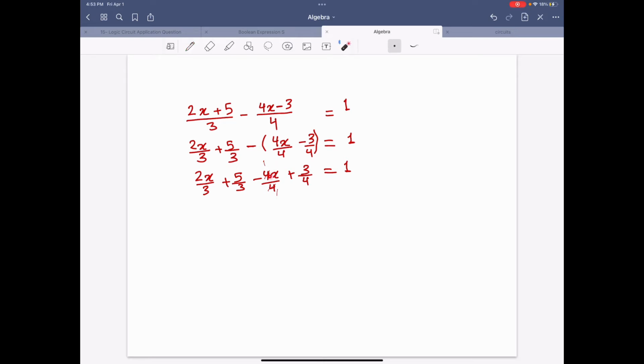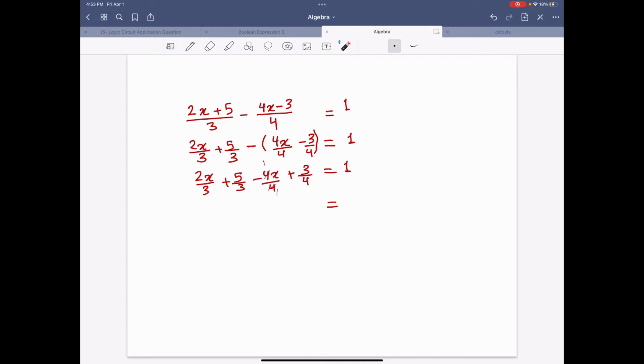So any number that has the same variables, they are like terms. Eventually you want to add them up or you want to subtract them, you want to combine them. And any of the numbers that are just digits, these are the constants, and we want to keep them on one side. So we have an equal sign and we have the right hand side of the equation and the left hand side of the equation. That's how we need to look at it.